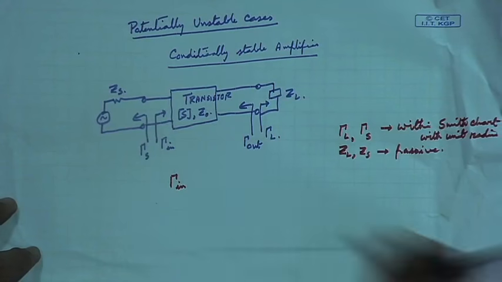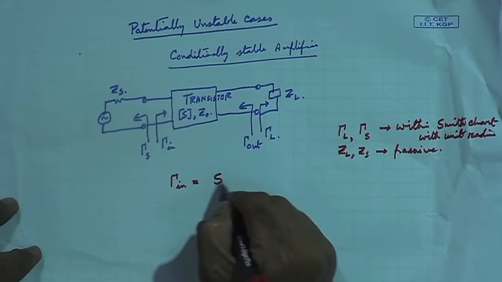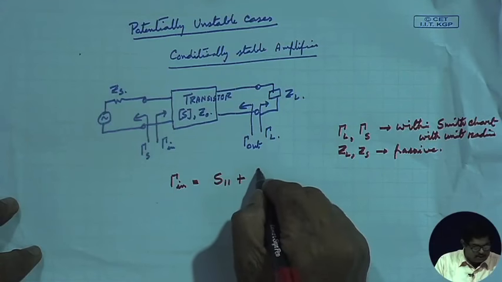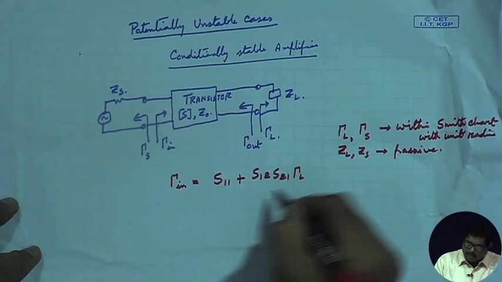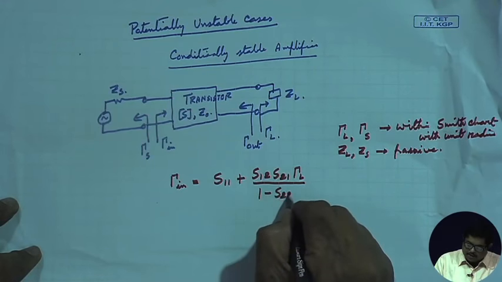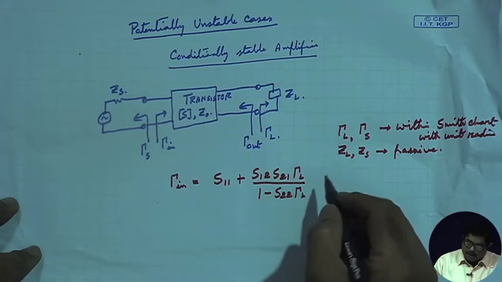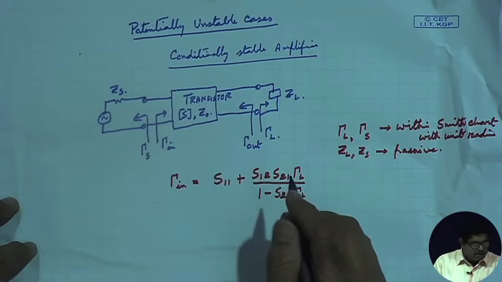We have seen that gamma in is given by S11 plus S12 S21 gamma L by 1 minus S22 gamma L, that we have already seen.